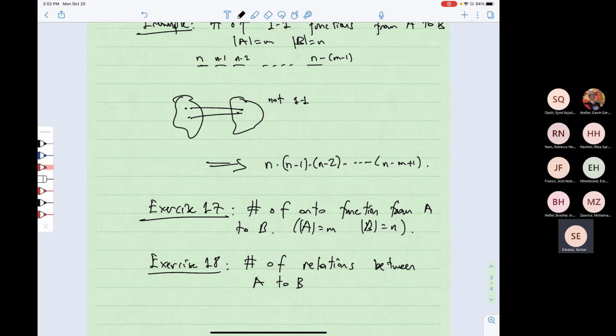Okay, let's now look at the next counting rule, which is the sum rule.